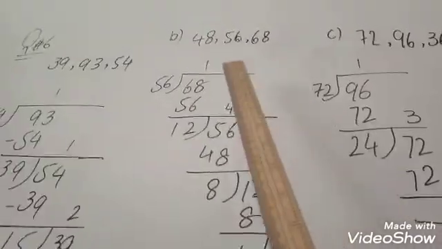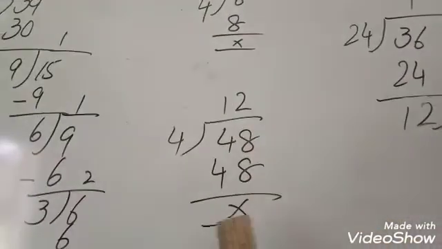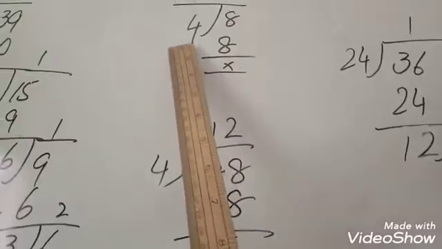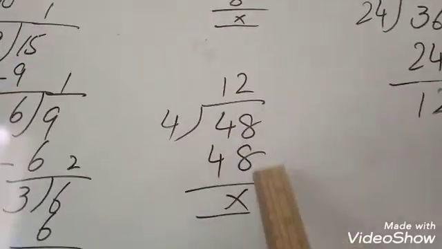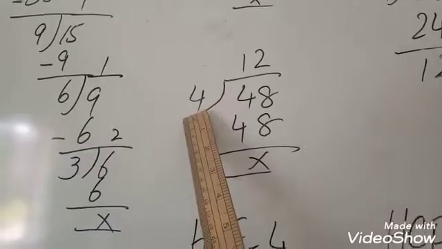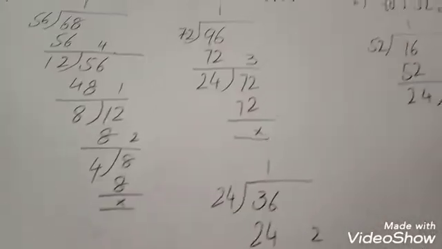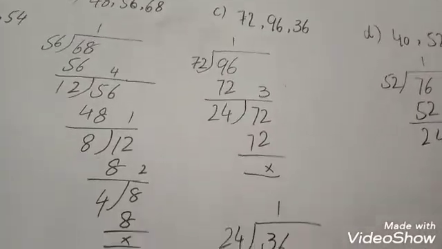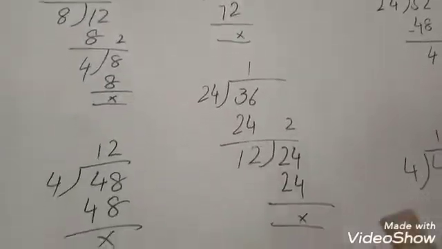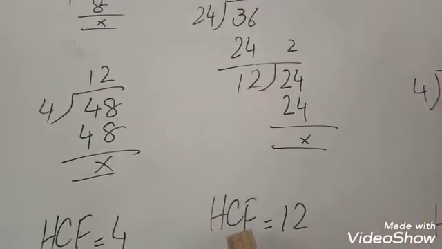Now we take third number, that is 48. 48 become dividend, and this 4 become divisor. 4 12s are 48, and HCF is this 4. C part is also same. HCF is equal to 12.